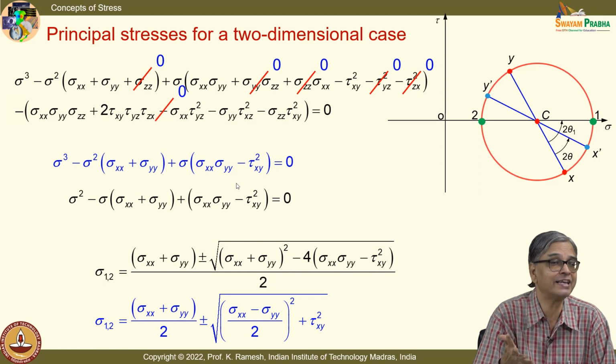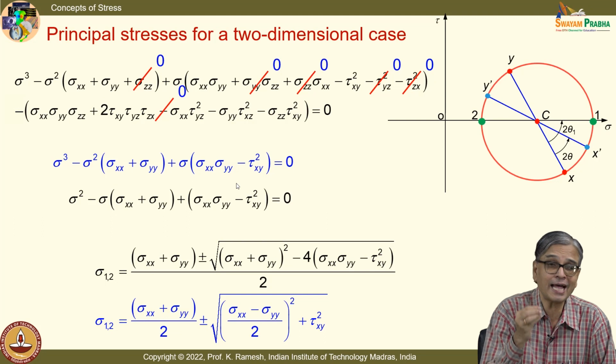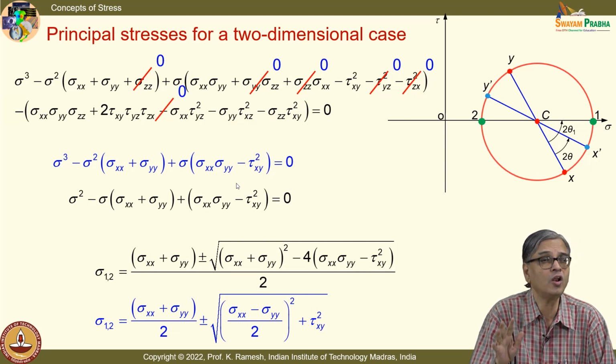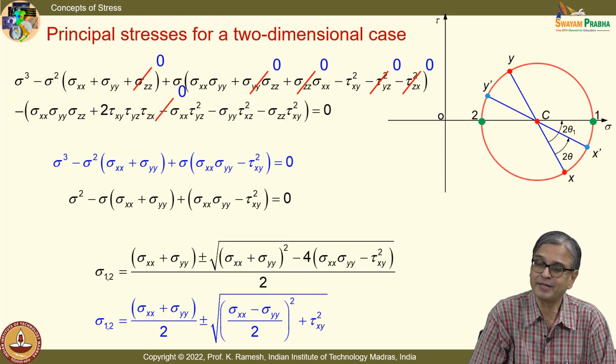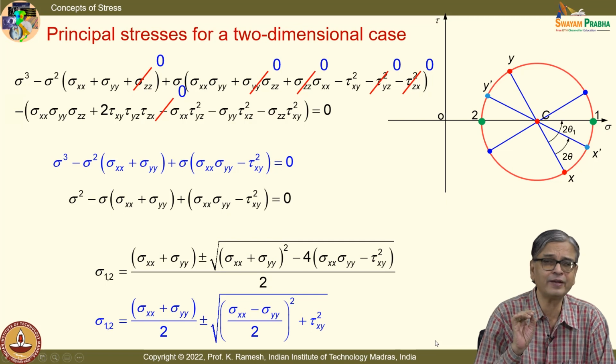It cannot give any other value of this, because it all represents what happens in a particular point of interest on all the possible infinite planes. The stress tensor per se can be represented with respect to xy reference, x prime y prime reference, 1 2 reference, or any other diameter. This is a very subtle concept.